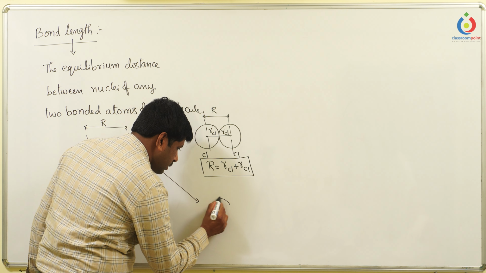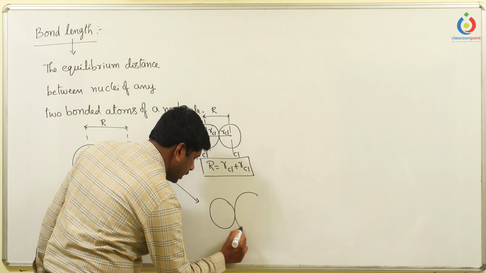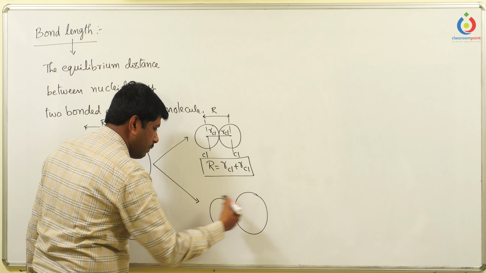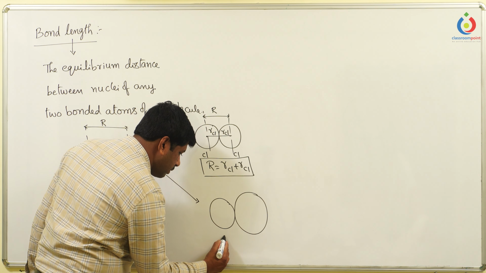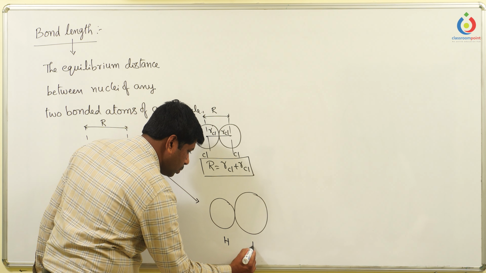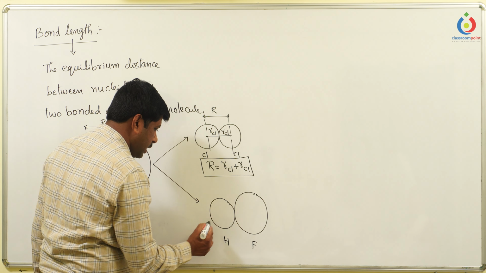In case of hetero atoms, where the electronegativity difference between both of these atoms is too much, for example, let us take the HF molecule.